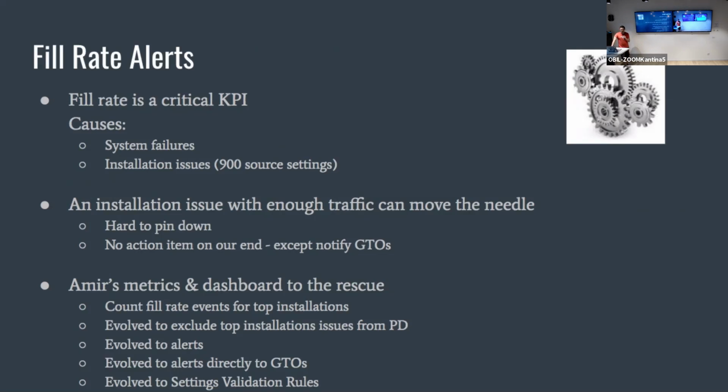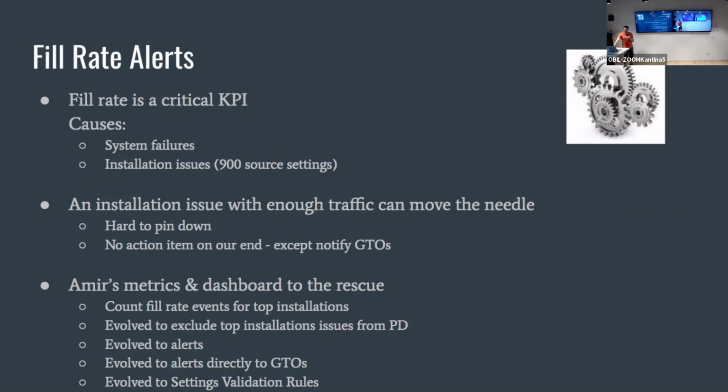So we need to solve this problem. One issue is how to pin it down. We have an alert on the system level, fill rate is down, and it's hard to know what's causing it.